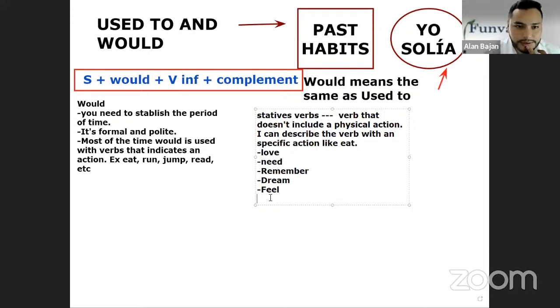Tienes que hacer algo físico para encontrar algo. Can you find this for me? Sabemos que es buscar. Alan? Have is a stative verb and an action verb, right? Yes, this is both.